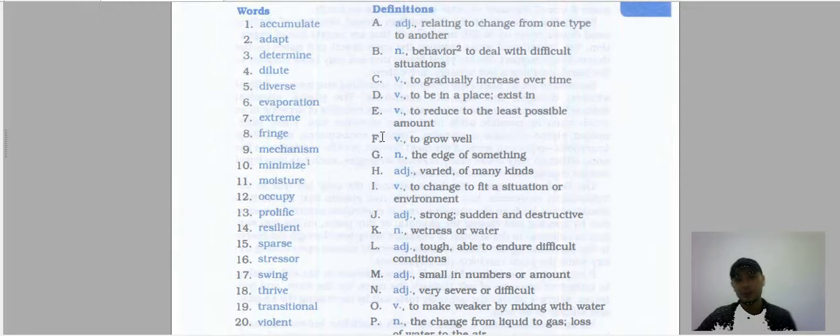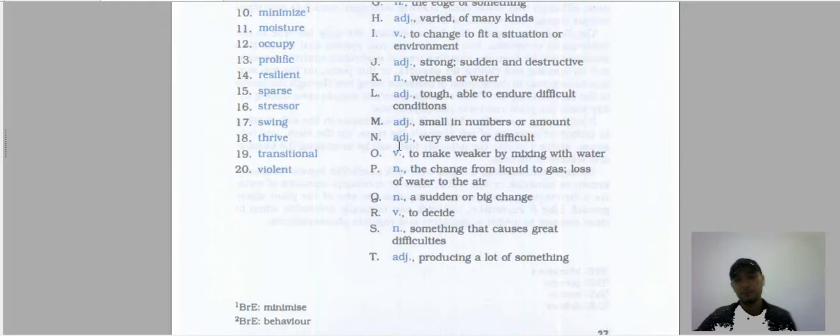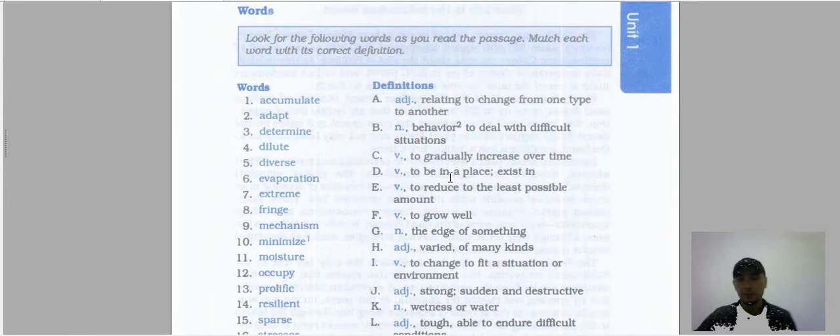And diverse is different. Diverse, varied and of many kinds. Here, diverse. And evaporation is from water to gas, that means becoming gas, the loss of water into the air, okay?